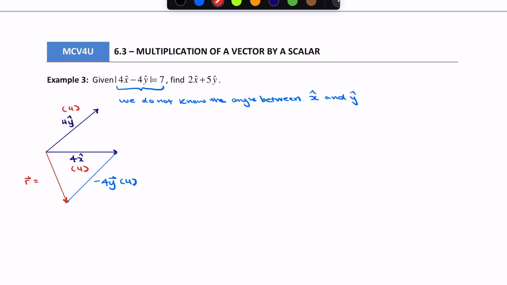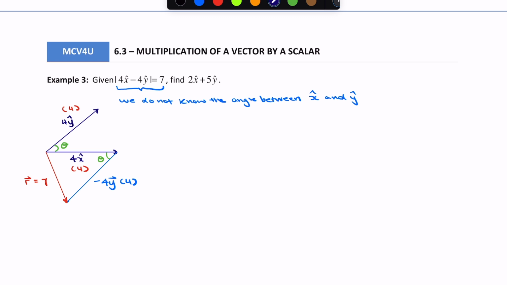So the resultant vector is equal to 7. Okay, so we don't know the angle in this situation. So here, again, we're going to solve for the angle here.